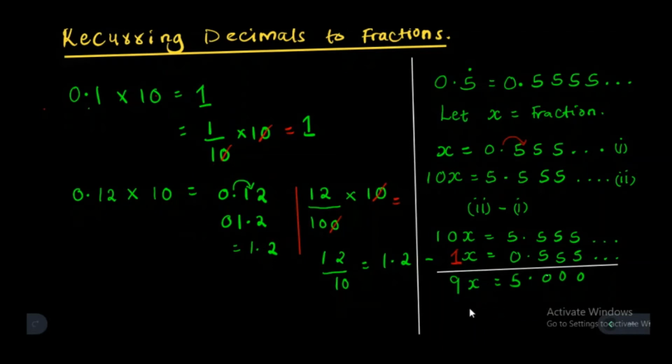So 9x equals 5. What will be the value of x? You divide both sides by 9. The 9 will cancel out with the 9, so you remain with your value of x as 5/9, and that will be your fraction.